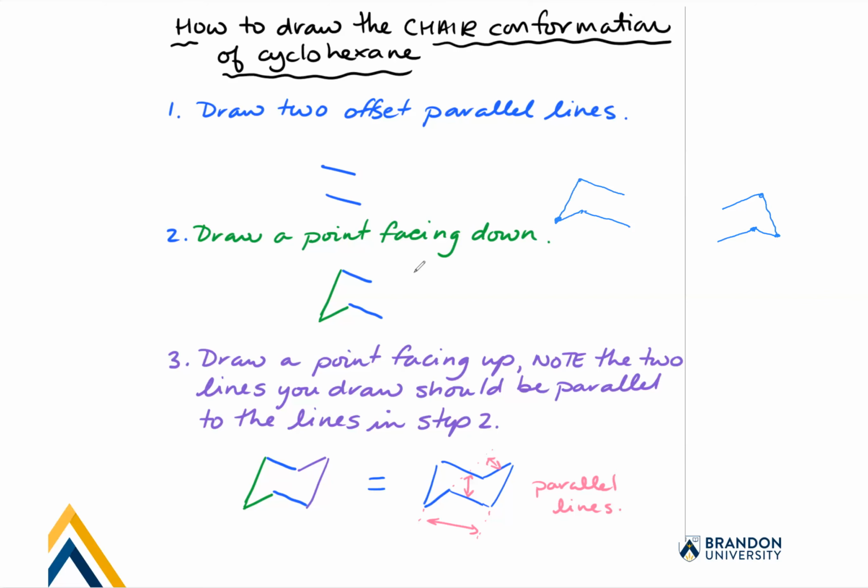Then you're going to draw a point facing up. Note the 2 lines you draw should be parallel in step 2. So if we draw this going up here, hopefully this line and this line should be parallel, and this line here in bold and this line here should be parallel, hopefully.